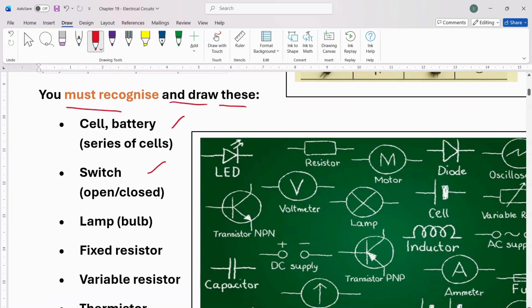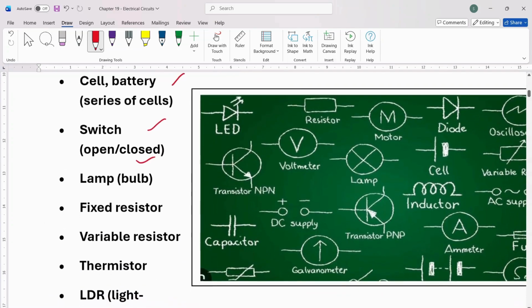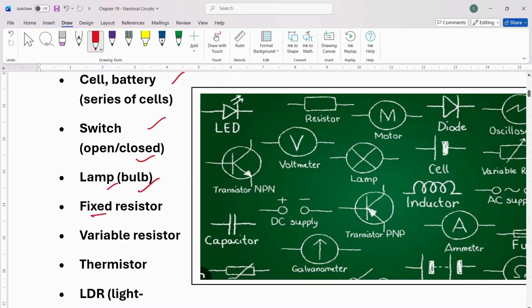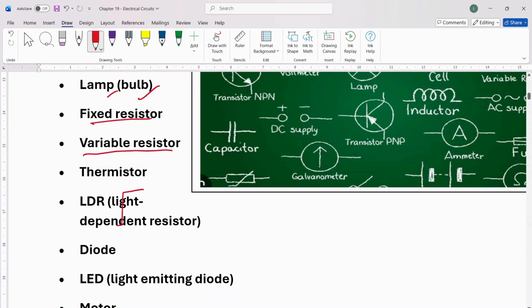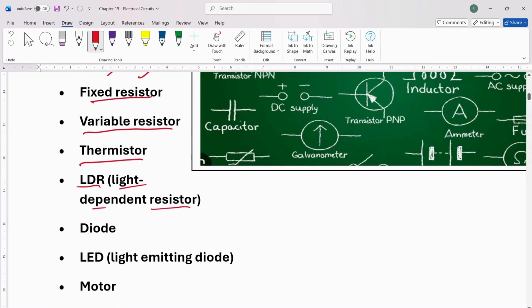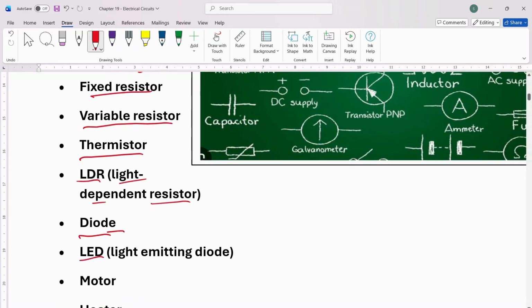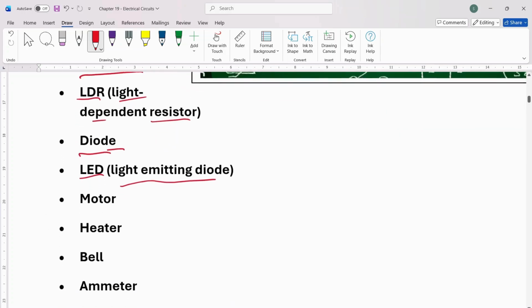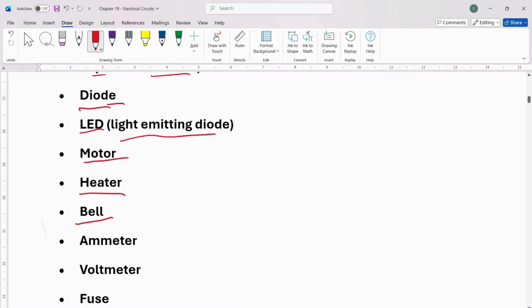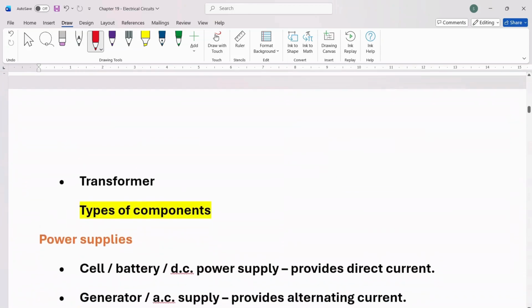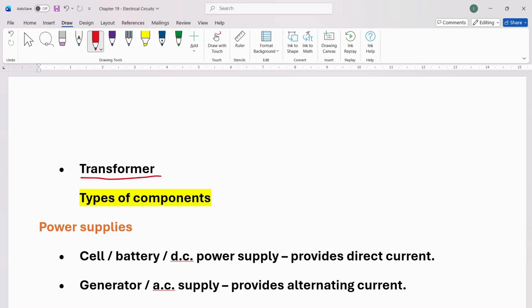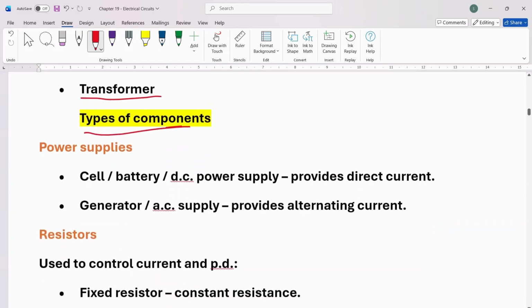Cell, battery, switch open and closed, lamp, bulb, fixed resistor, variable resistor, thermistor, LDR, light dependent resistor, diodes, LED, light emitting diode, motor, heater, bell, ammeter, voltmeter, fuse, and transformer.